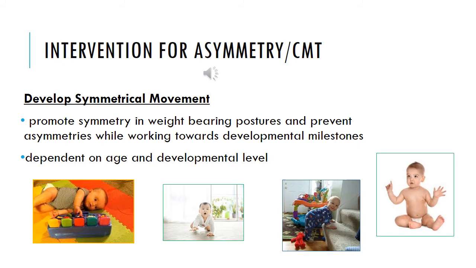In addition to providing intervention geared at both passive and active range of motion, therapy should focus on the development of symmetrical movement and symmetrical weight bearing through postures. So you'll want to meet the child wherever they're at from a developmental perspective.